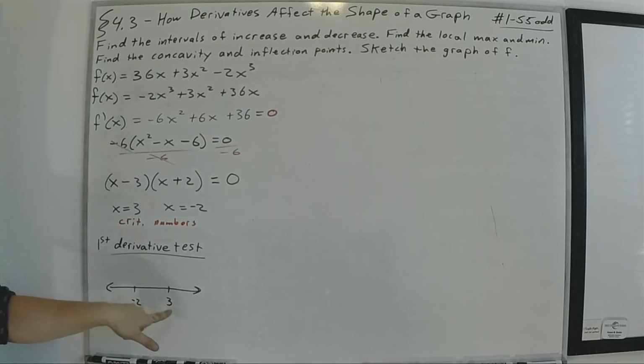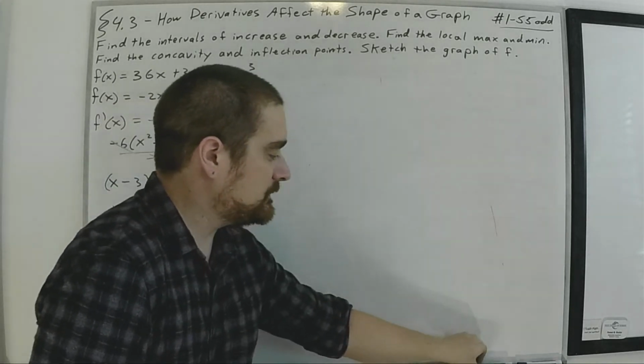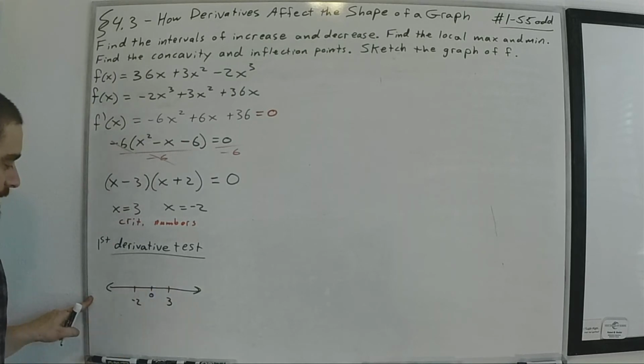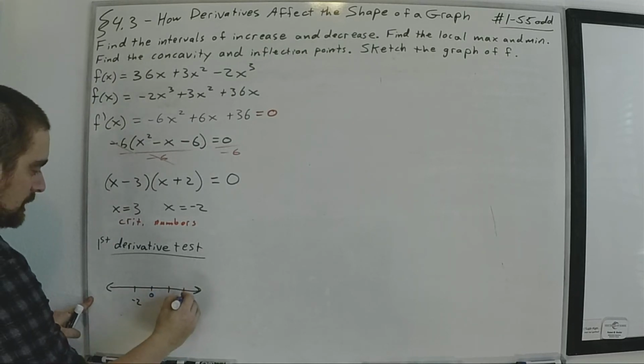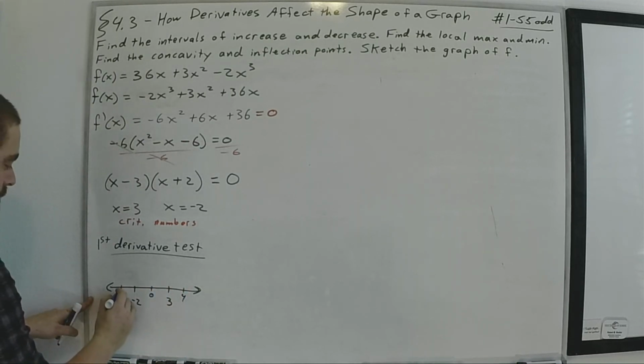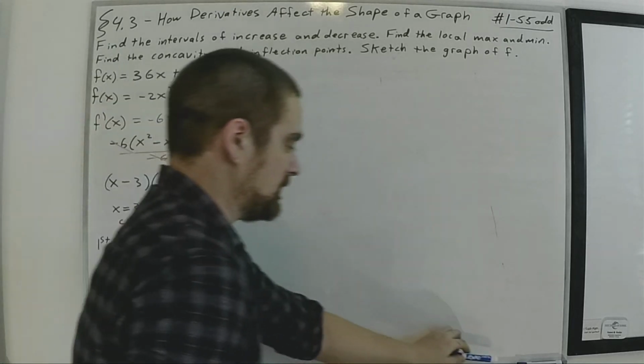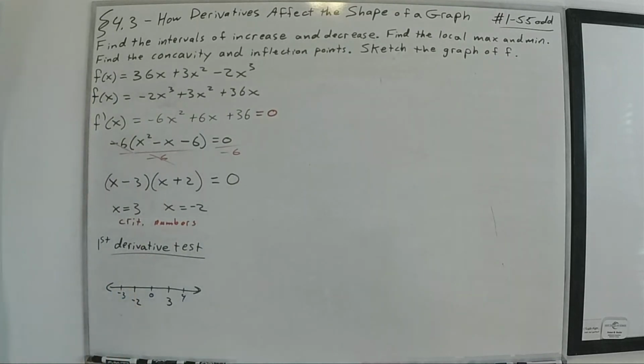I'm going to put them in the correct order, left to right. And I'm going to pick some test points. I think for test points, 0 in between them is a great number to use. 4 is a good number to use on the right, and negative 3 is a good number to use on the left. I'm picking some nice, small integer values. And then I'll just test them.